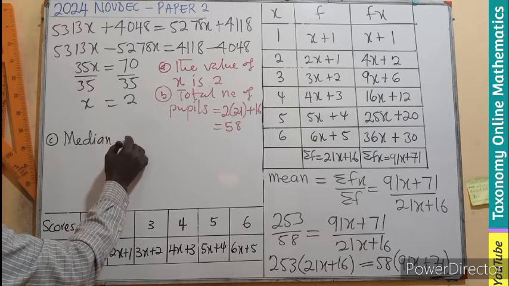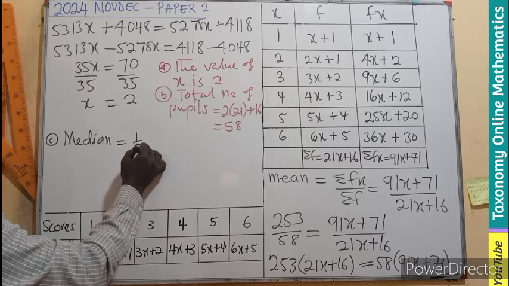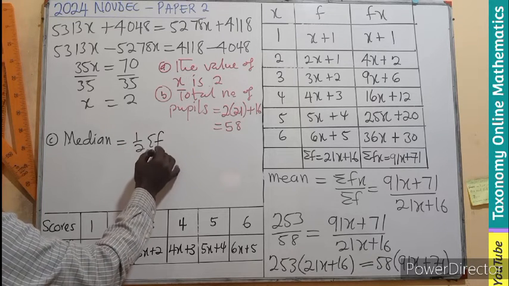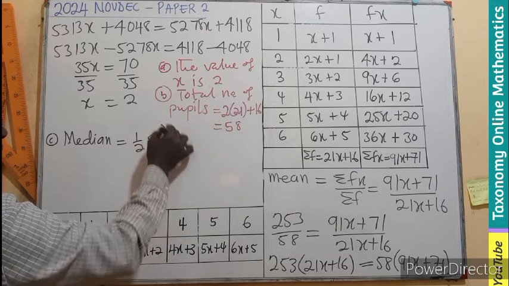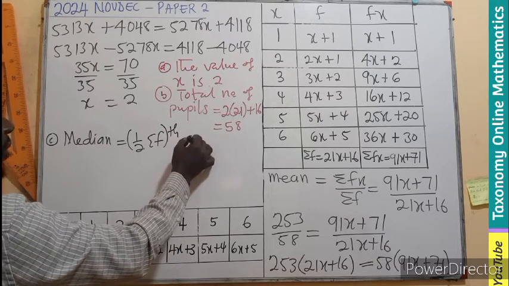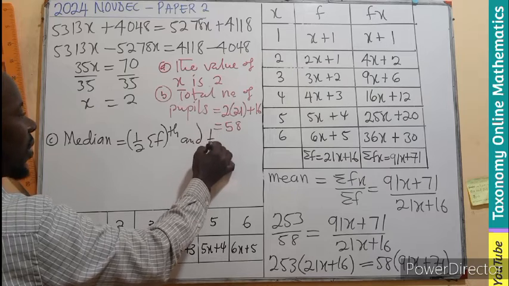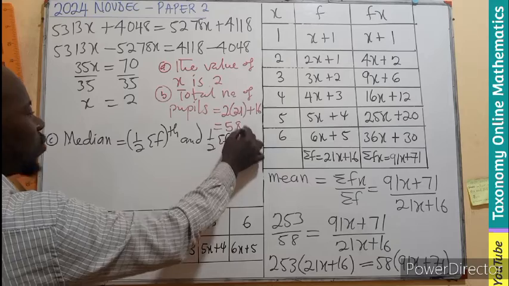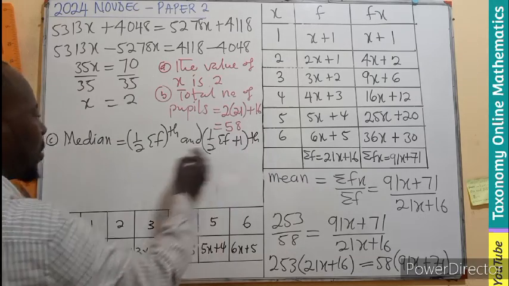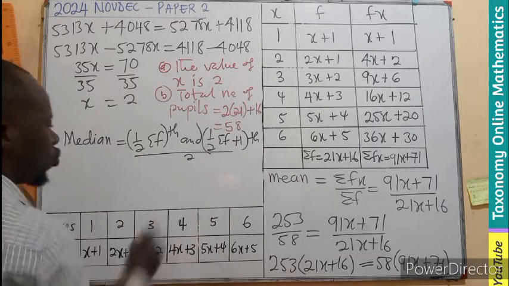So median is going to be equal to half of sigma f. We know this is even, so we can say half of sigma f plus 1 observation divided by 2.